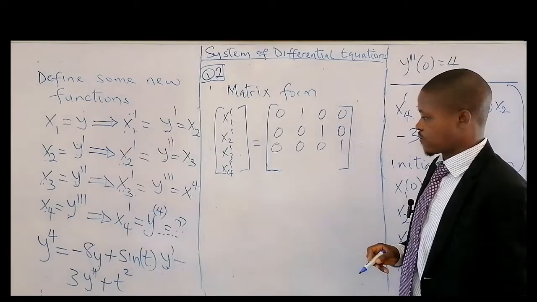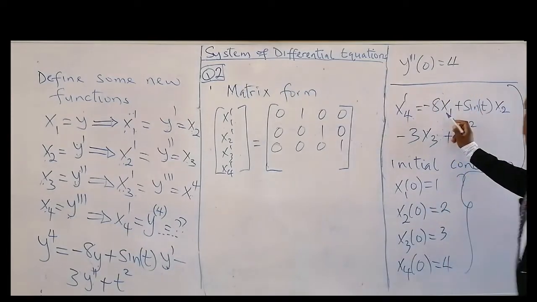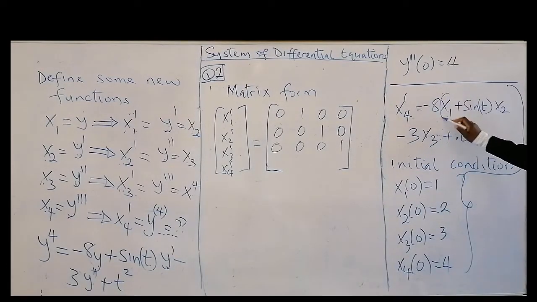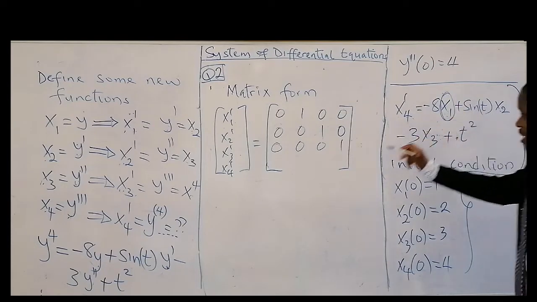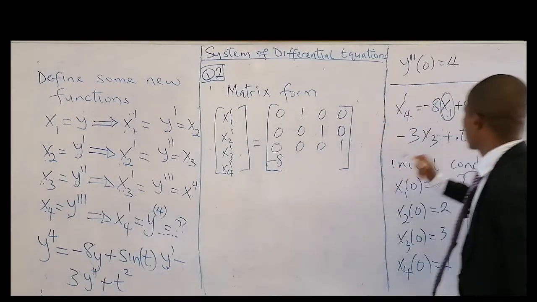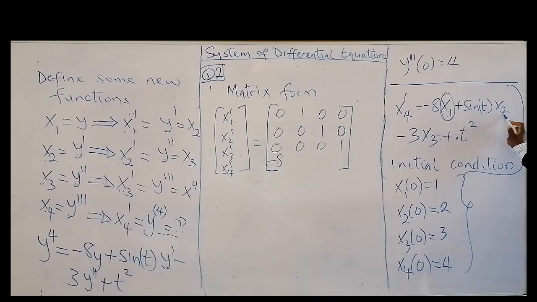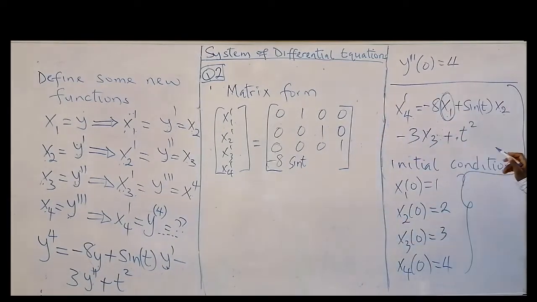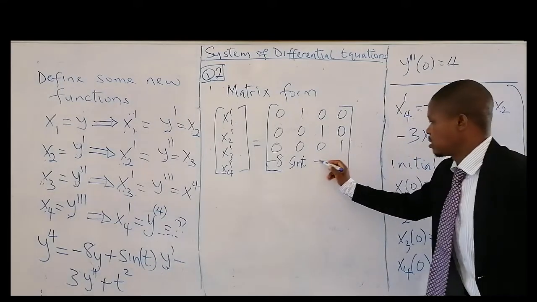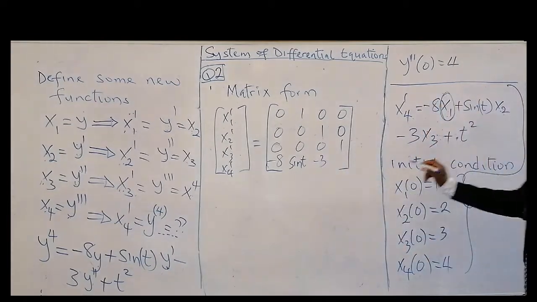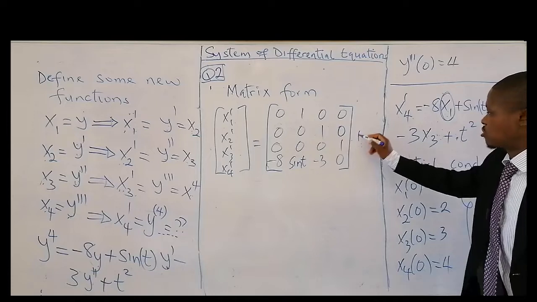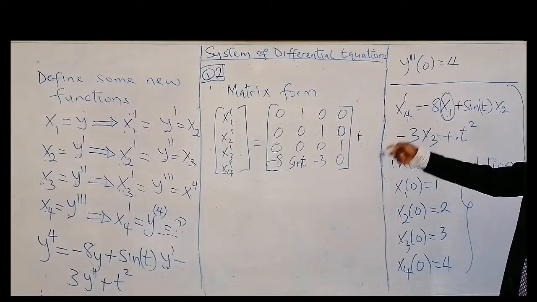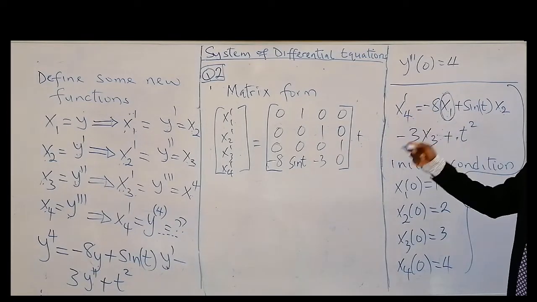And finally, x4 prime, which is this one: the coefficient of x1 is minus 8. That of x2 is sine t, and that of x3 is minus 3. Then x4, we don't have it, 0. Then plus. Don't forget, I said from the beginning that the equation is non-homogeneous.